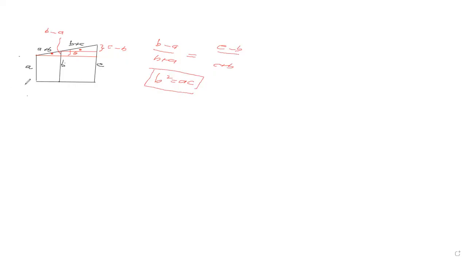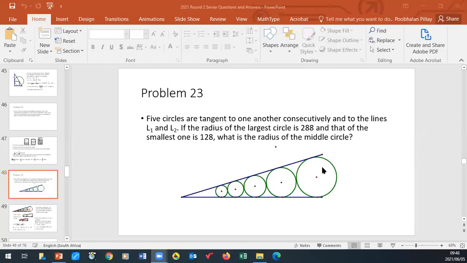So if I go back to my diagram, what we have is that I said these vertical lines are R1, R2, R3, R4, R5.